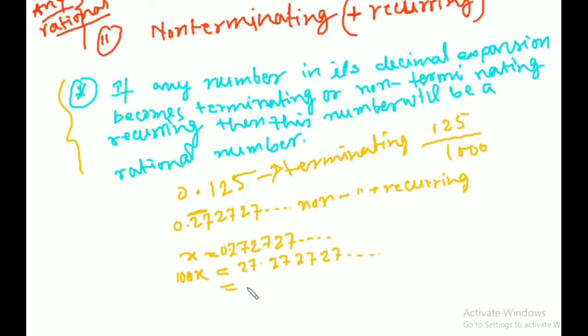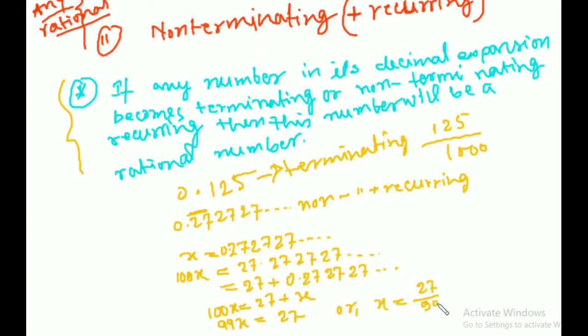So we can write the right hand side as 27 plus 0.272727, and so on. You can see that this is nothing but 27 plus x, isn't it? This is again x. So 100x equals 27 plus x. If we subtract x from both sides, we get 99x equals 27, or x equals 27 by 99. So this number x can be written as 27 by 99.